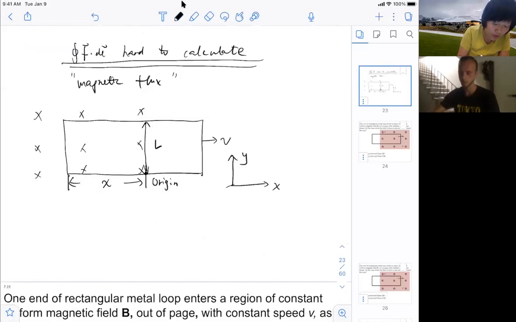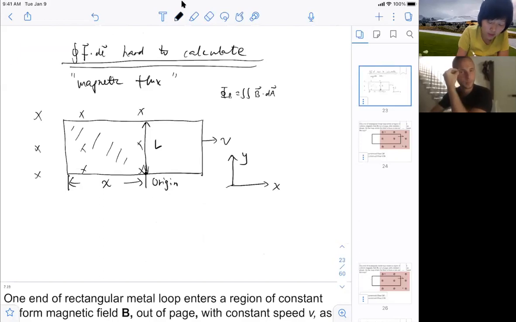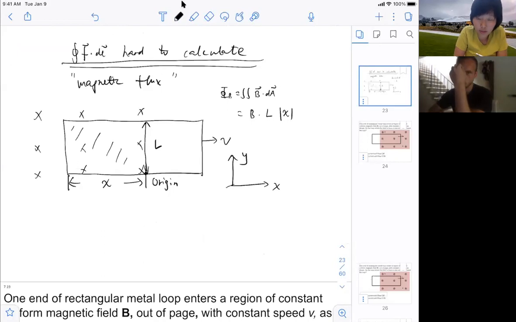By looking at the magnetic flux, what is the flux through this area? The flux of B is B dA, right? And B is a constant in this case. The area is one side multiplied by the other side, which is L times the magnitude of X. If we are looking at the change of the flux over time, my B is a constant.